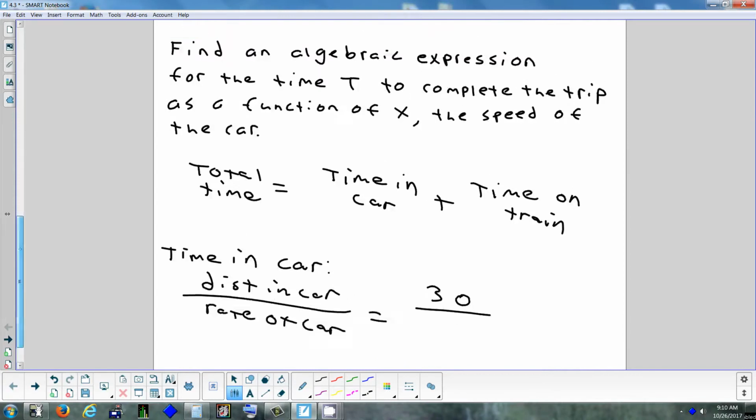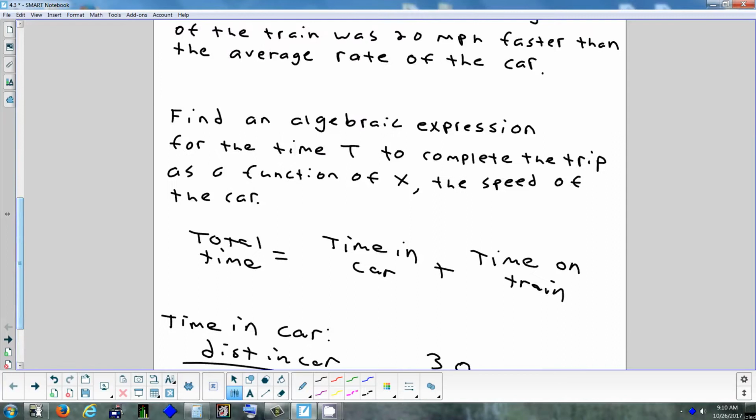And what's the rate of the car? 20 less than the train. It is 20 less than the train. I agree, but do they give us a way they want us to represent it? So we're going to make everything relative to the speed of the car.